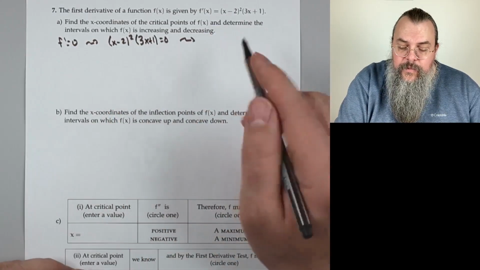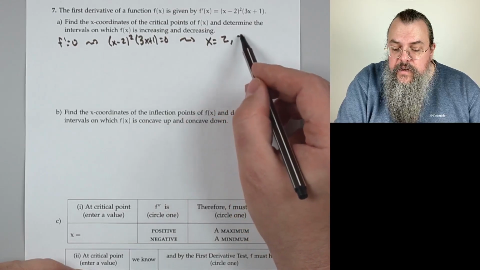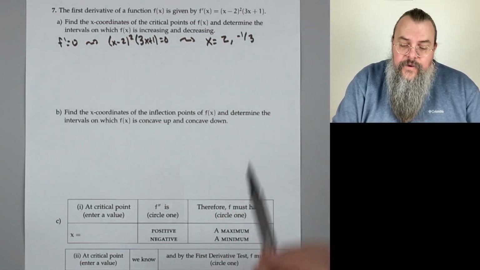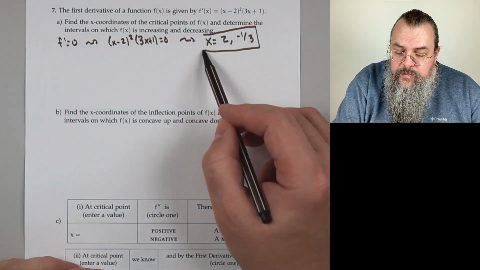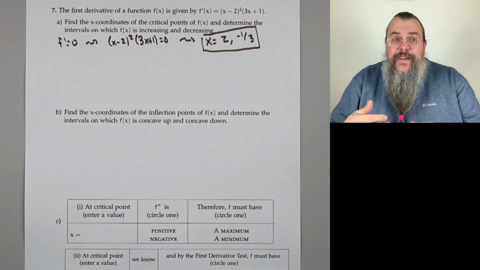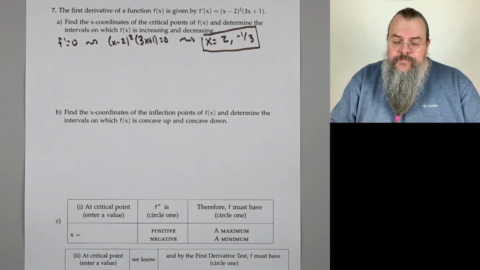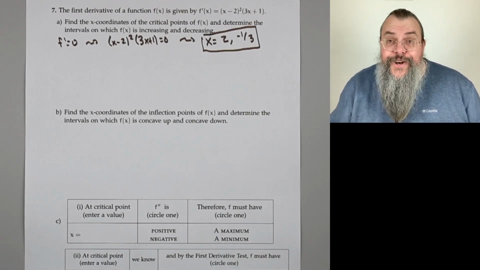So it tells us we have 2 candidates, namely at 2 and negative 1/3. Those are our critical points, so we should box that. And then there's a little bit more for part A. Determine the intervals on which it's increasing and decreasing. For that, we're switching gears a little bit, so we'll change colors, right?